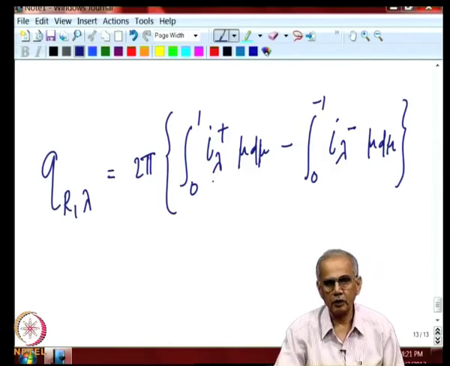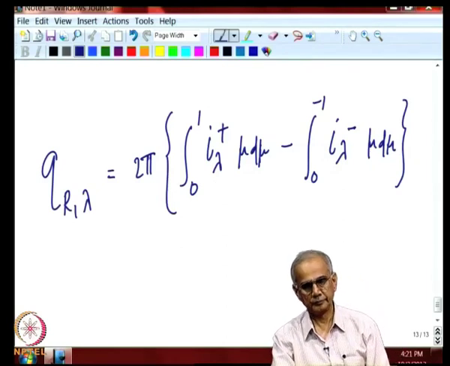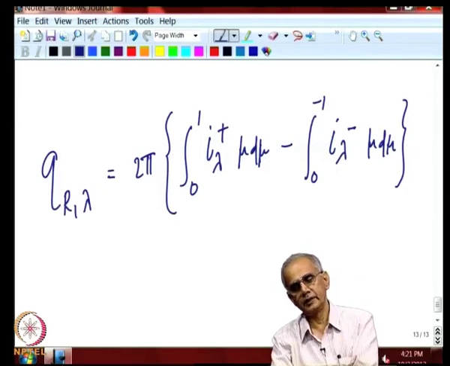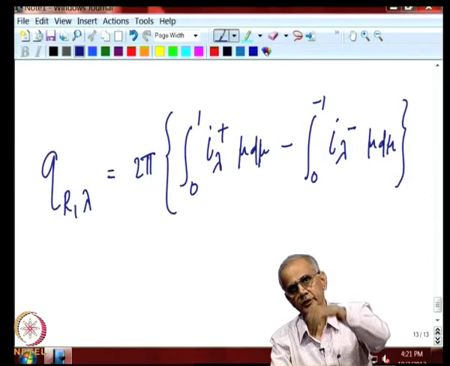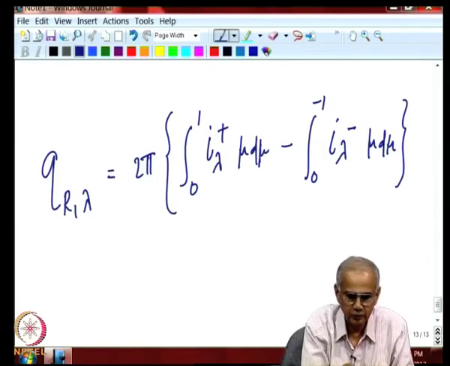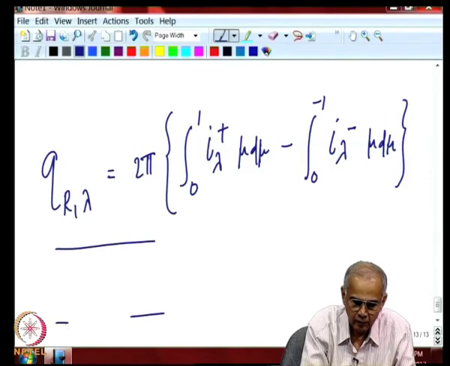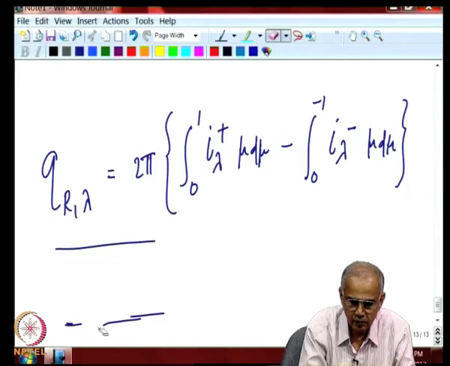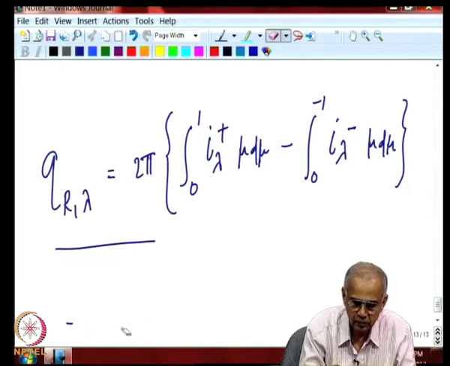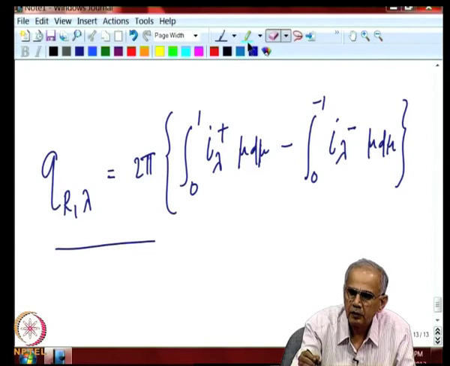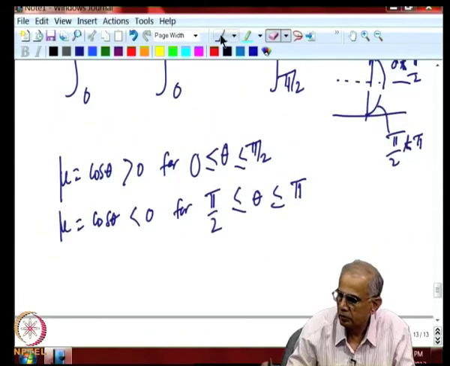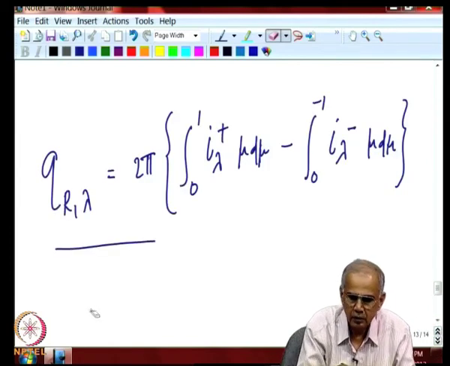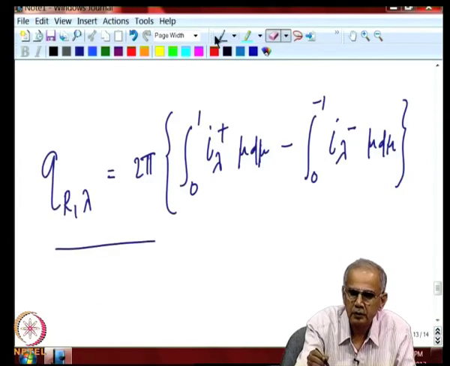So, here considering all rays moving upwards from the bottom plate to the top plate. In the other case, you are considering all rays moving downwards from the top plate to the bottom plate. So, schematically, the first direction, schematically, now let me draw this.